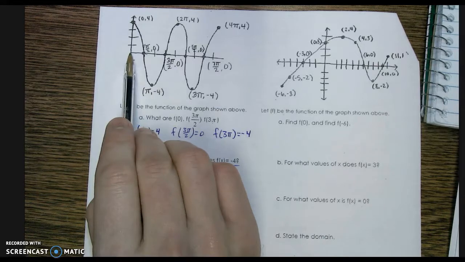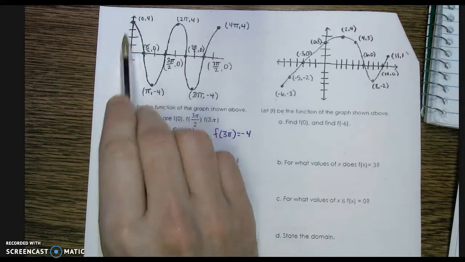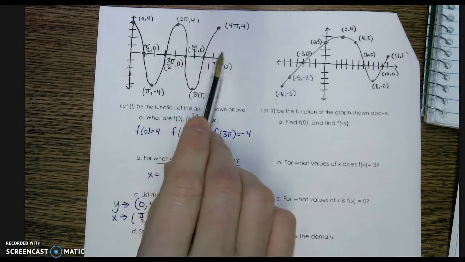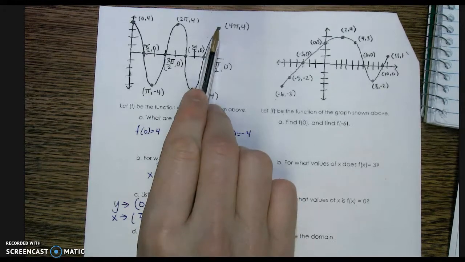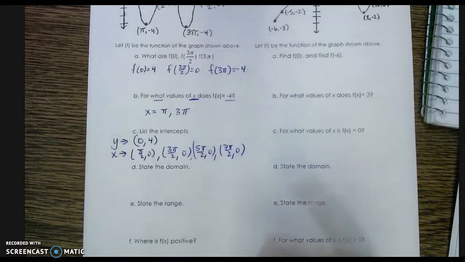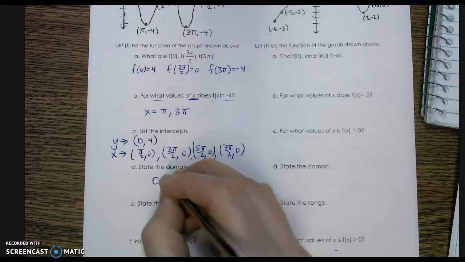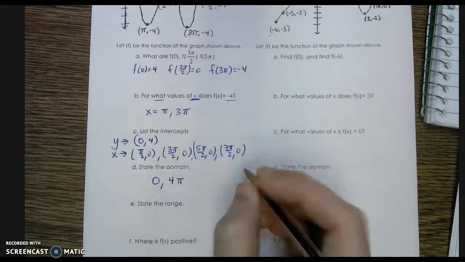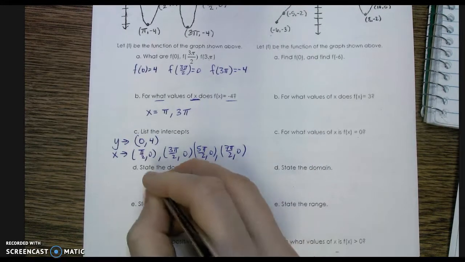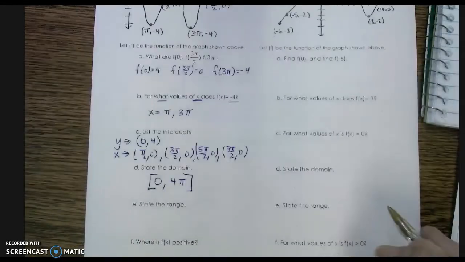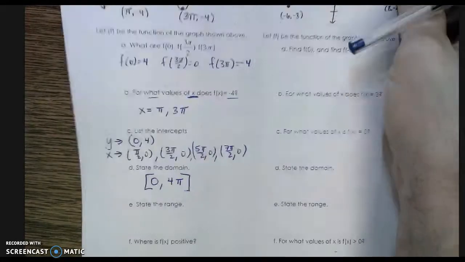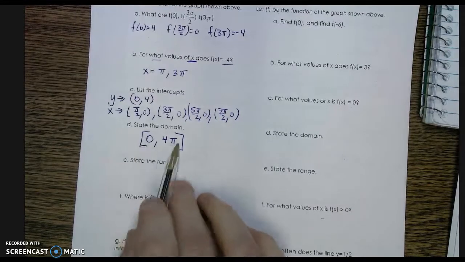So it starts on the x value of 0, and this function ends on the x value of 4 pi. So that is my domain, from 0 to 4 pi. Now, since this function has points on those x values, we put brackets on them. If it was an arrow, we'd have parentheses there if it didn't touch.